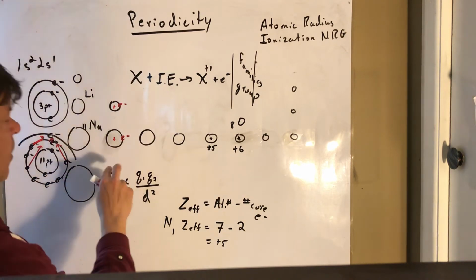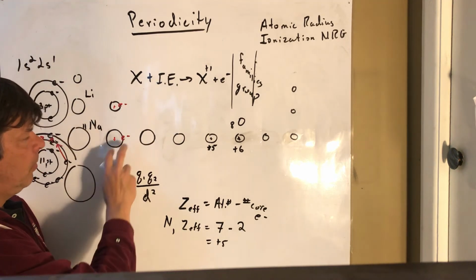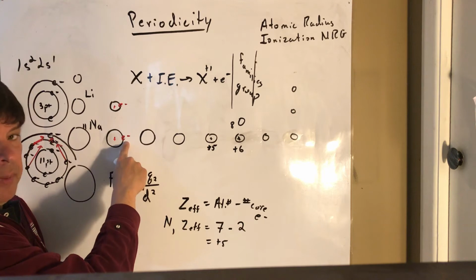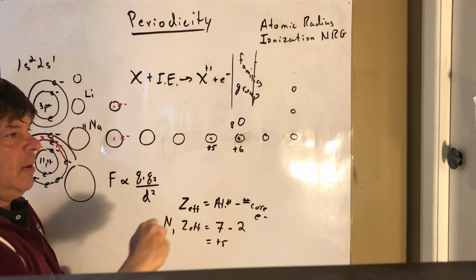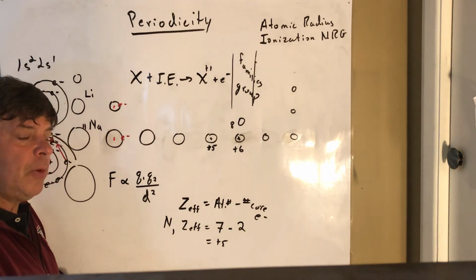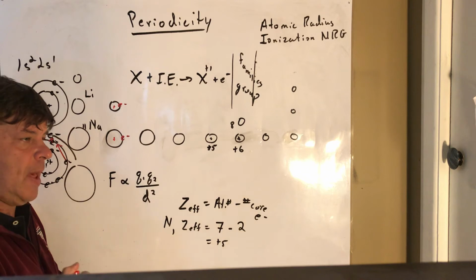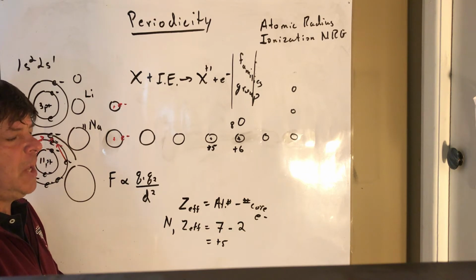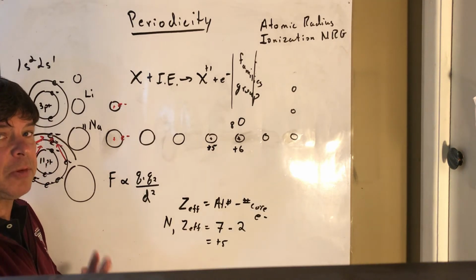Look, this distance is greater, so the attractive force is much less. So this is going to be easier. Generally speaking, the further the electron is from the nucleus, the easier it is to ionize. The ionization energy would go down. So in general, the size is inversely proportional to the ionization energy. Now there are exceptions to that.